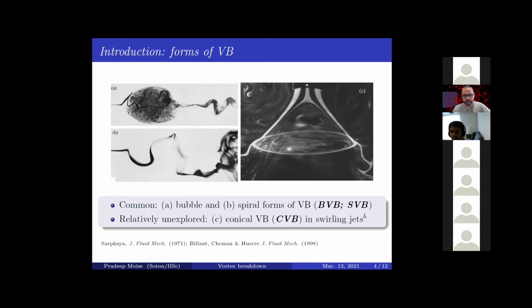And it was reported only for a specific family of swirling flows, which is swirling jets. Here you have a nozzle, and the flow is from top to bottom, and you have the flow to be a jet, which is rotating now. You can see that, again, it stagnates here and then expands almost conically, hence the name conical form of vortex breakdown.